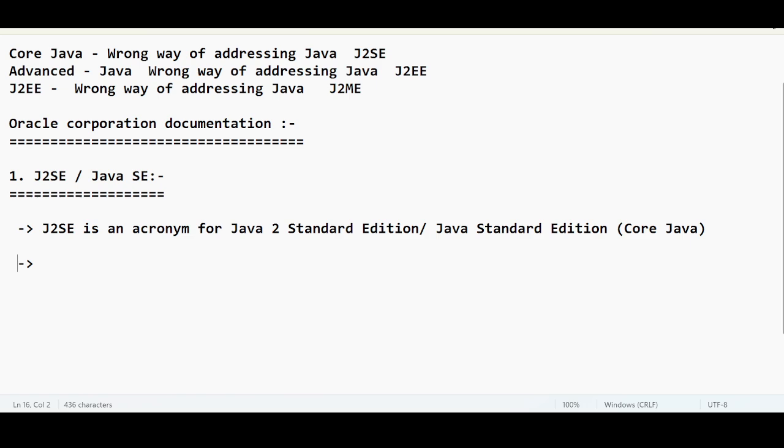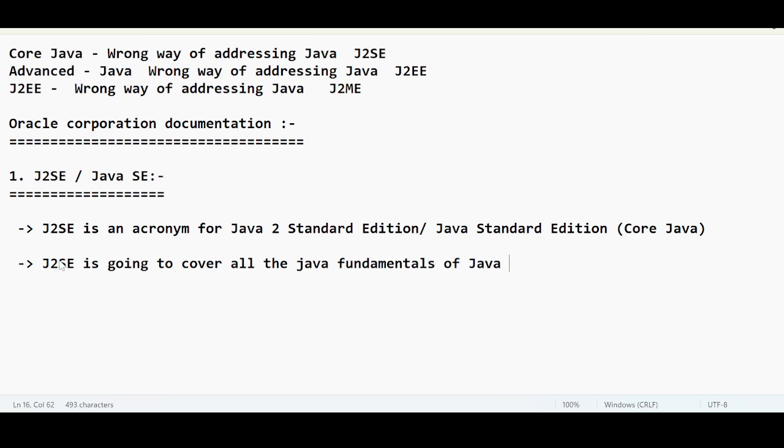So here, the main important thing is Java 2 Standard Edition is going to cover all the Java fundamentals of Java programming language.